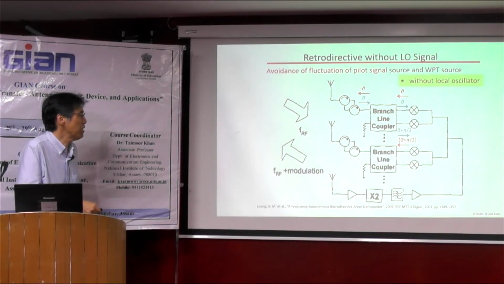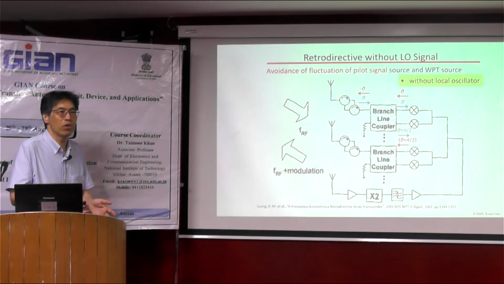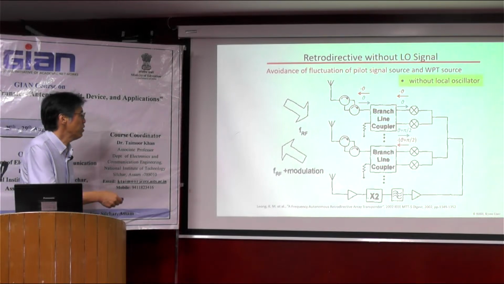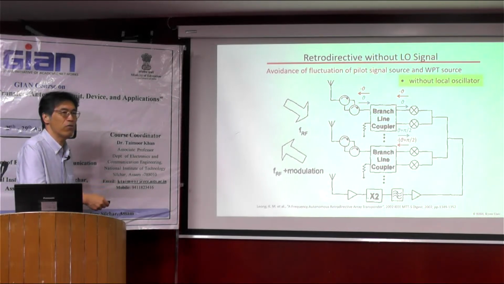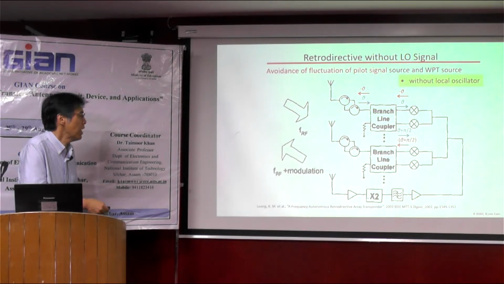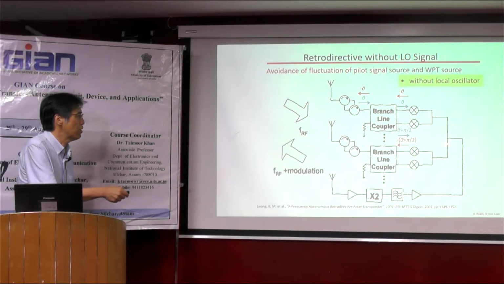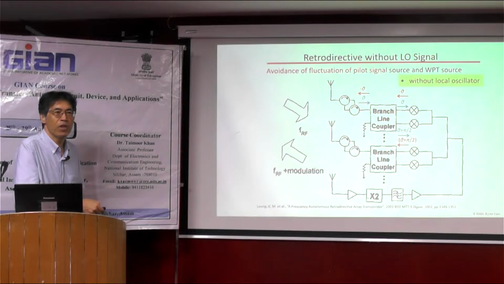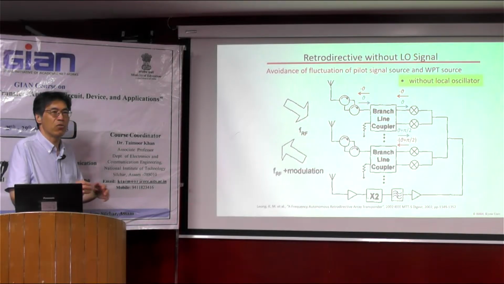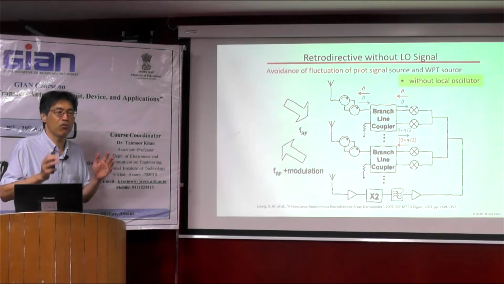In this case, there is no signal source in the transmitter. From here, they receive the same pilot signal, and they create a double frequency. And they apply this double frequency pilot signal as a local source, and it's the same as the original circuit. And in this case, there is no independent signal source.